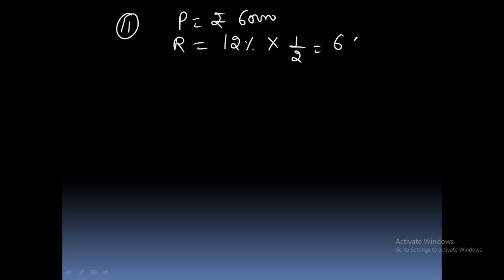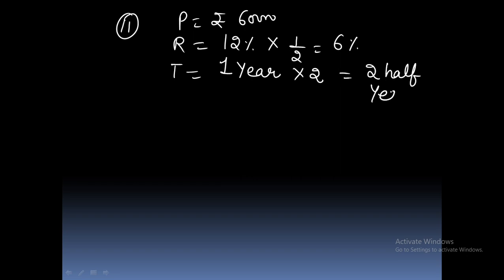Now the second point. In this point the principal amount is the same, 60,000. Rate of interest, here we will calculate by dividing 12 by 2, that will be 6%, and time will be 1 year. 1 year means multiply by 2, that is 2 half years.